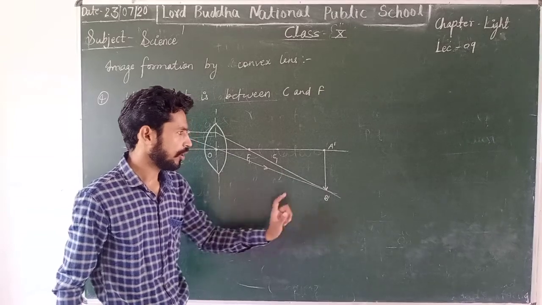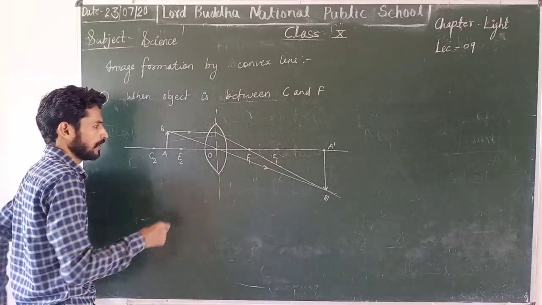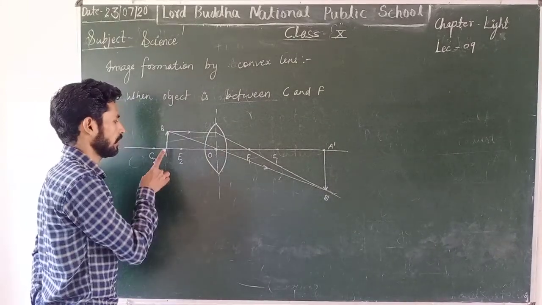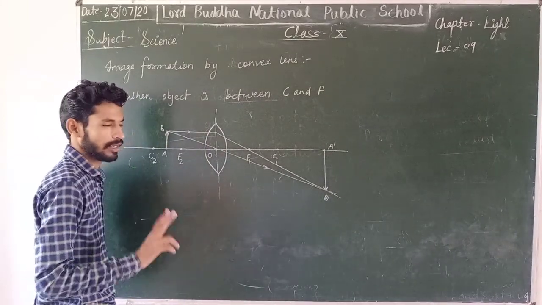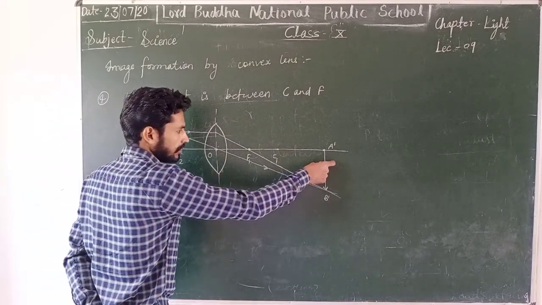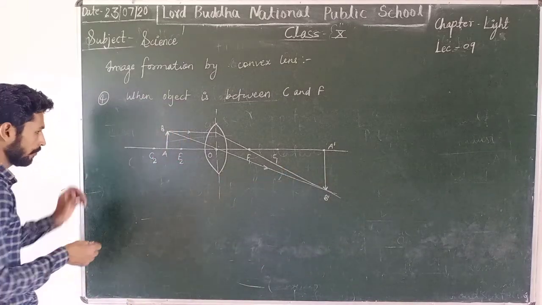And one quality is that the size of the image is larger than the object. Next, point number 2, this is an inverted image.